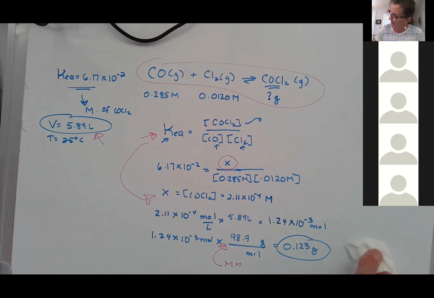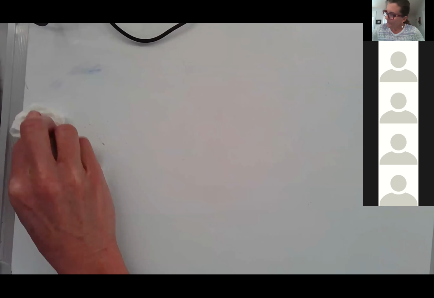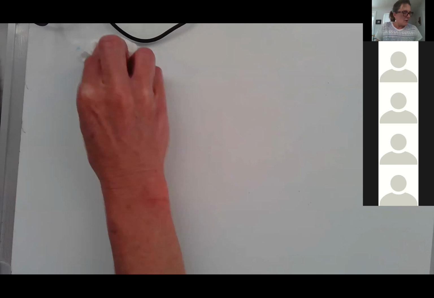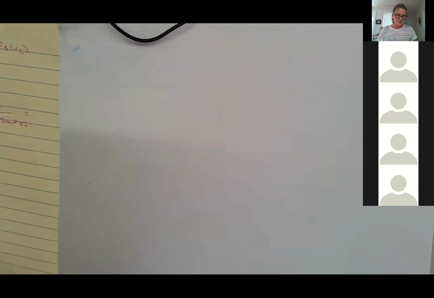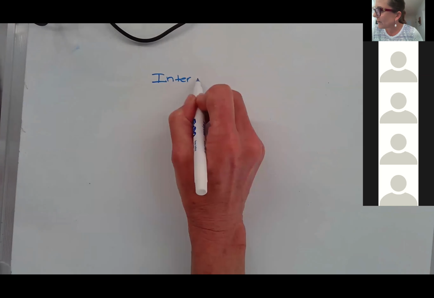Okay, so I'm going to erase this, and I want to just say some things about intermolecular forces. So maybe I'll just do it here. One thing, we're talking about intermolecular forces in this chapter.